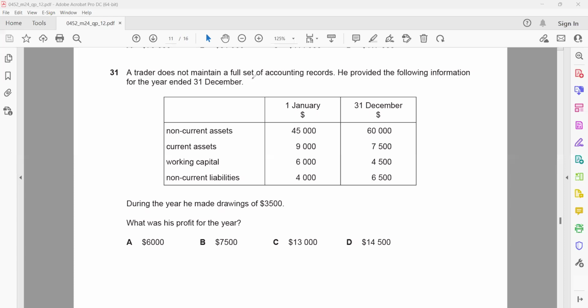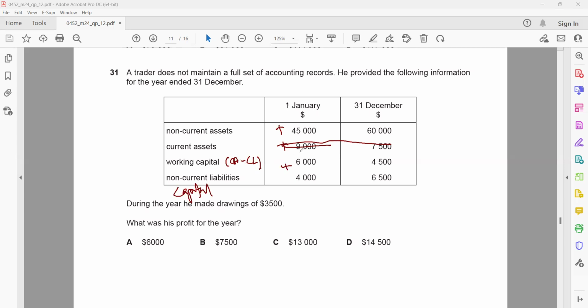A trader does not maintain a full set of accounting records. He provides the following information for the year ended. During the year, he made drawings. So, what was his profit? We count the capital first, opening and closing capital. So, assets, current assets, working capital. Be careful with the word: working capital means current assets minus current liabilities. In this case you don't take note of the liabilities, because working capital shows the net asset already.